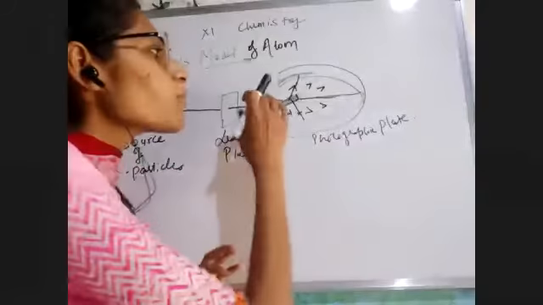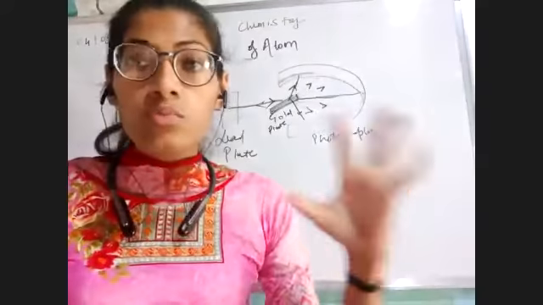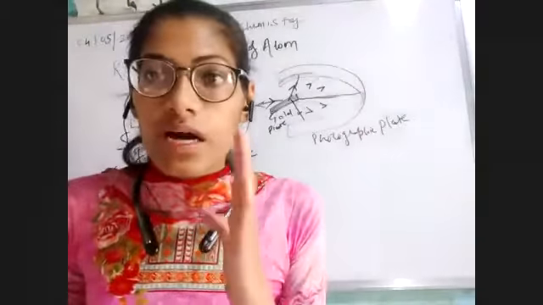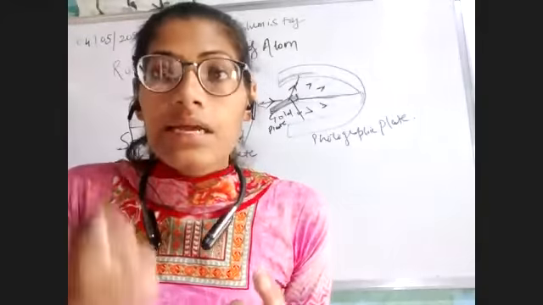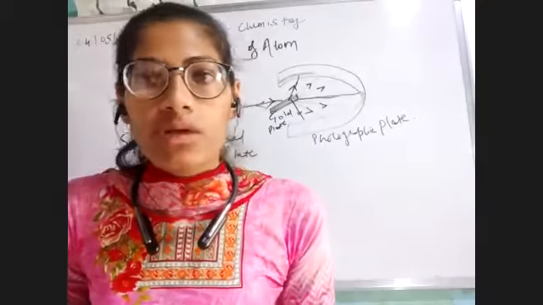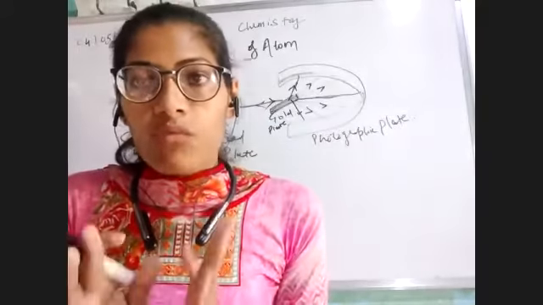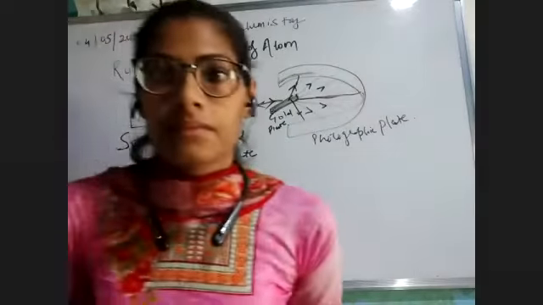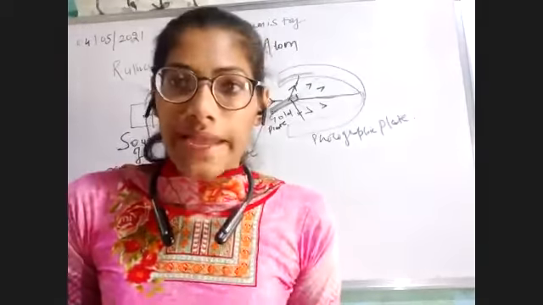Since most alpha particles go through smoothly, the most part of the atom is empty, it is hollow. The first observation according to Rutherford after this experiment was that most of the part of the atom was empty.